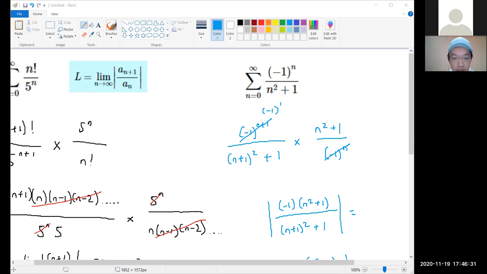So let's just pull up the alternating series test. Actually, you know what? Does anyone remember how the alternating series test works? I'll pull that up anyways. Yeah, so you find b of n, and then what do you do with b of n?